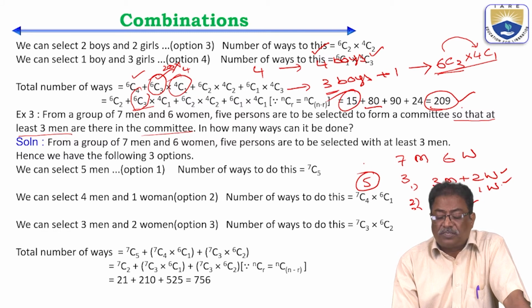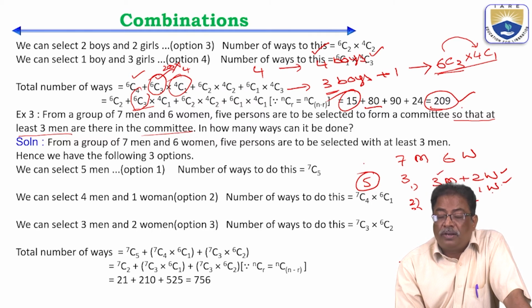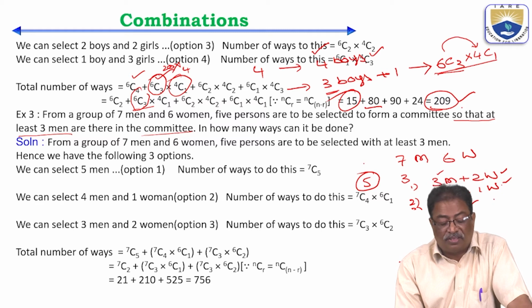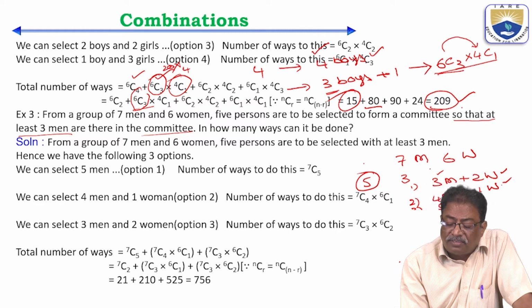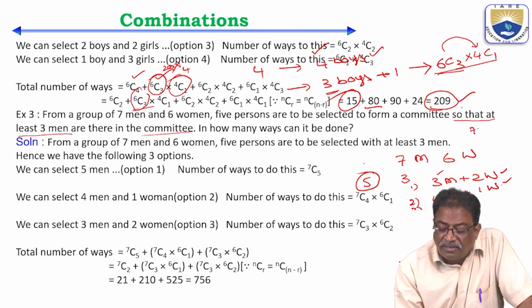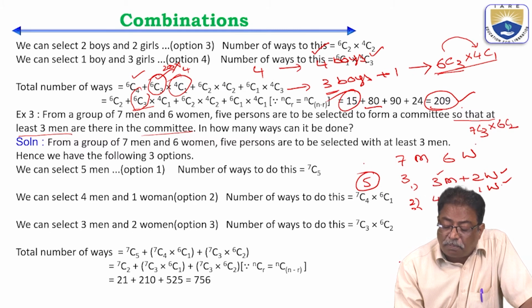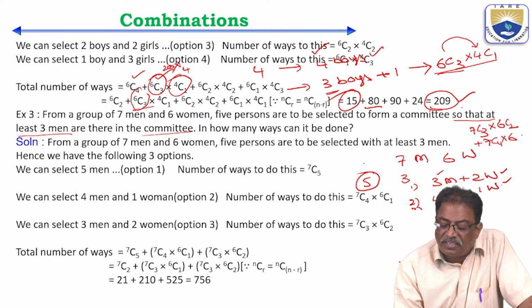See here, how many ways am I going to select? The first option is 7C3, right, and 2 women out of 6, so into 6C2. And next, plus the second option 7C4 into 6C1, and another one is 7C5.